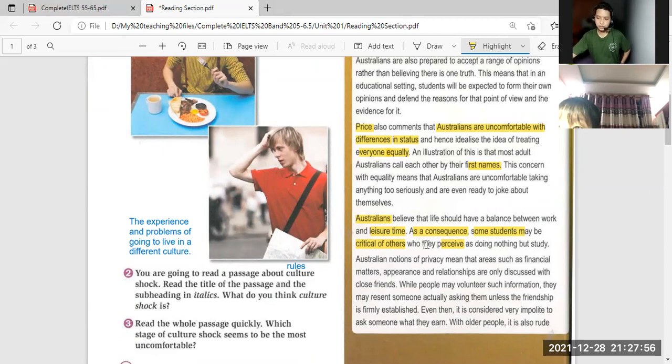In here, some students may be critical of others, means they give you negative comments, okay? Critical of others means negative comments. So when you study, people will say negative comments to you, okay? So that is the meaning.